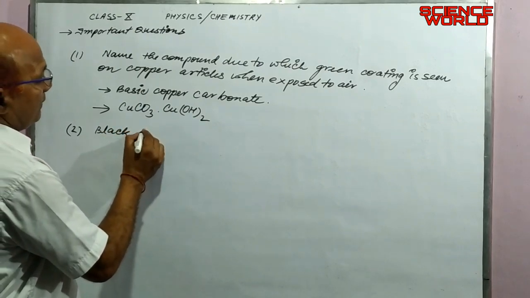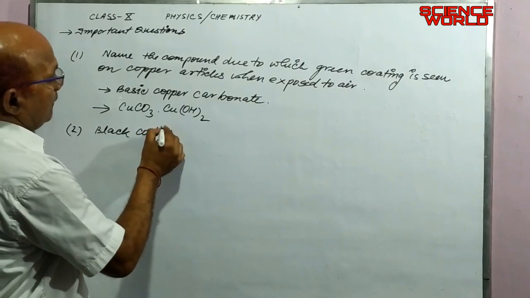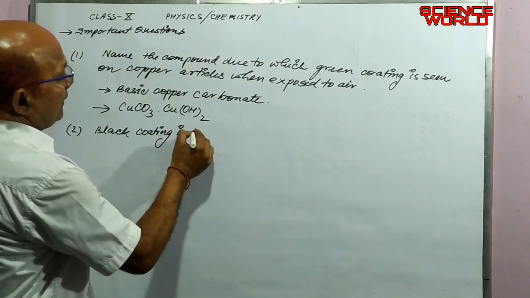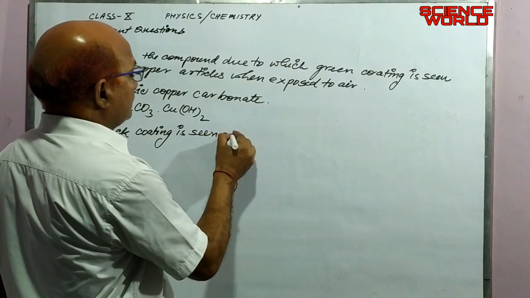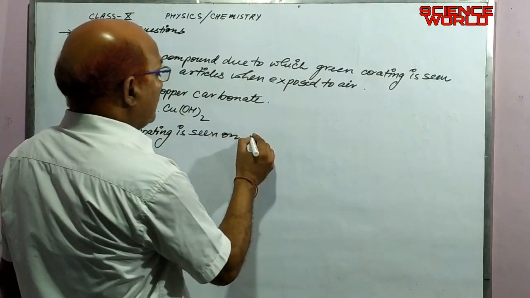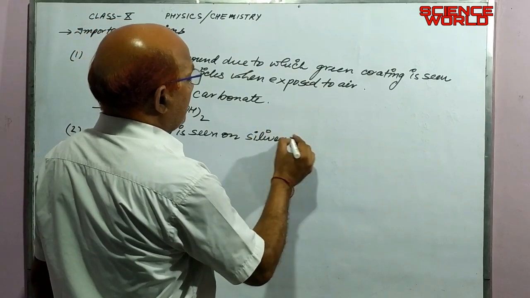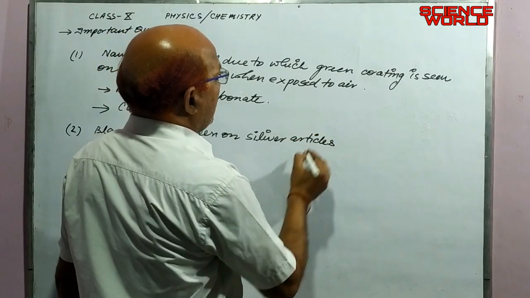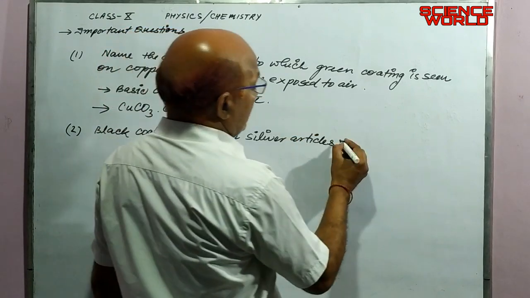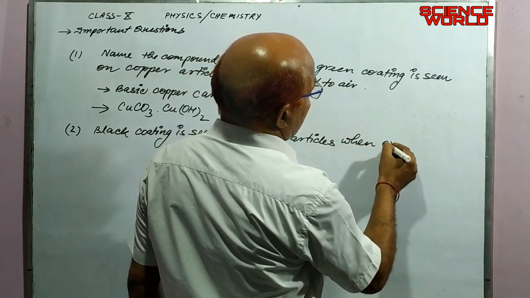Black coating is seen on silver articles when exposed to air.